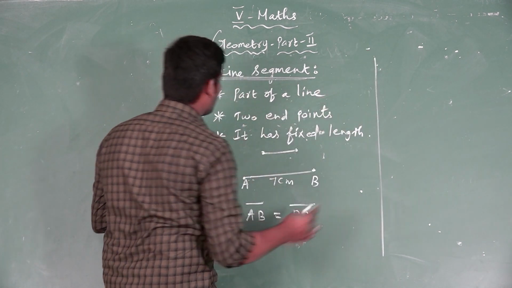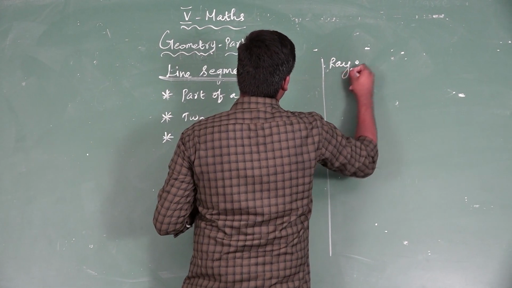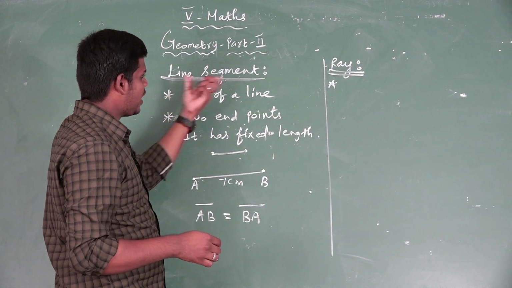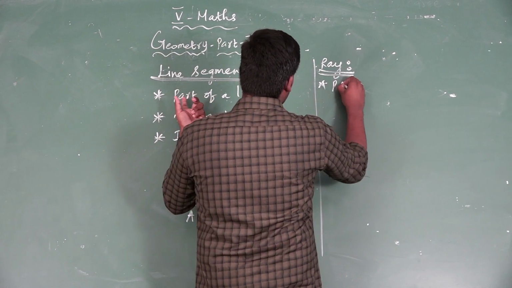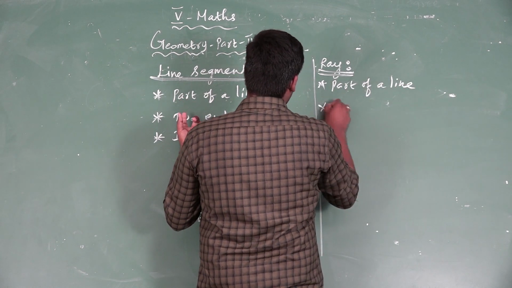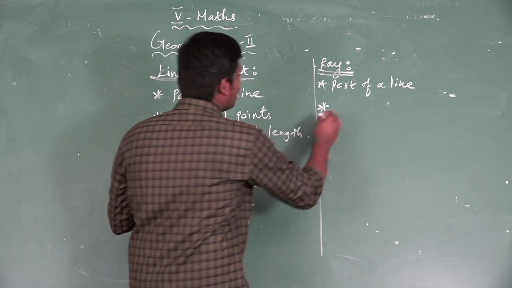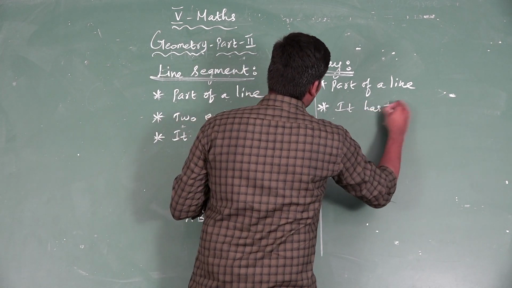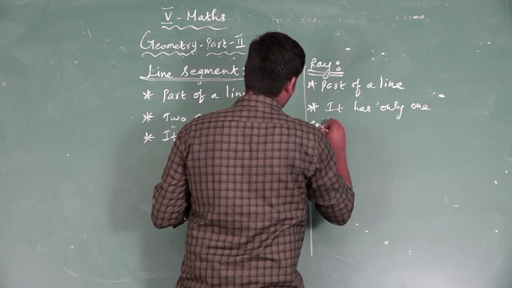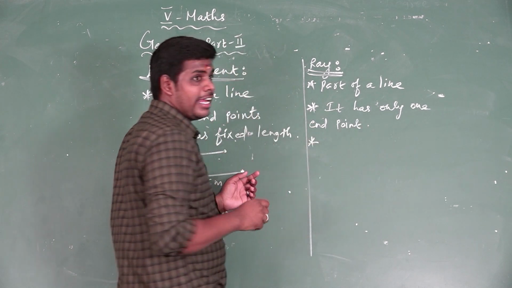Next of all, we are going to discuss about ray. Ray is also a part of a line. How many end points does it have? Ray has only one end point, and this goes on endlessly.